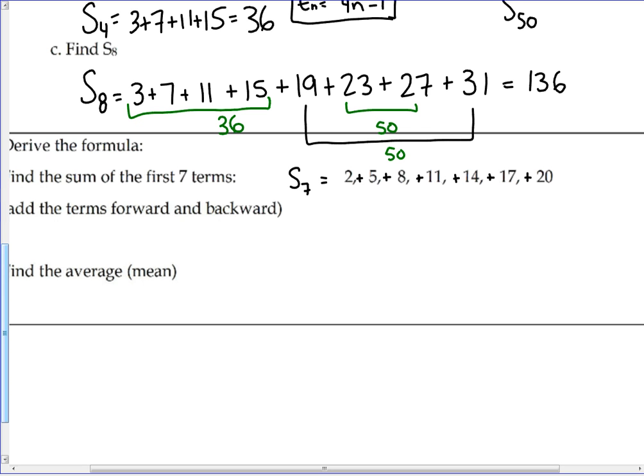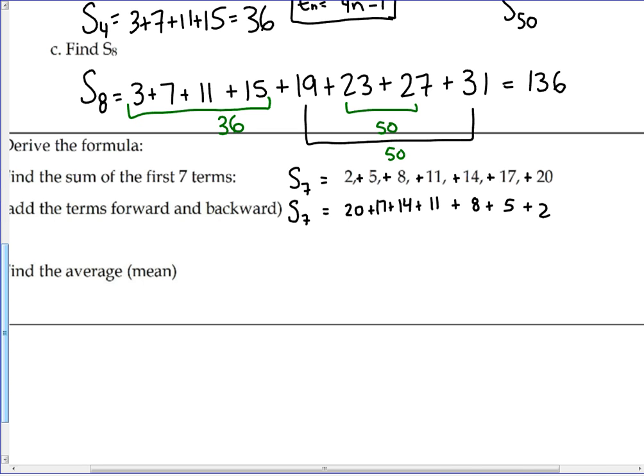What I'm going to do kind of relates back to linear systems in grade 10. Would you agree that the sum of the first 7 terms is the same thing if I write it backwards? 20 plus 17 plus 14, 11, 8, 5, and 2.